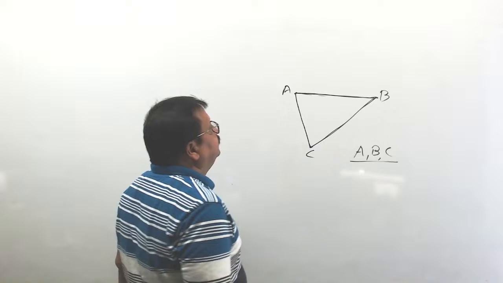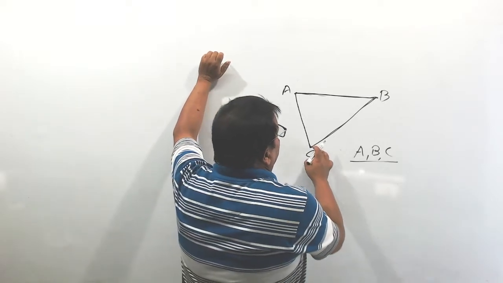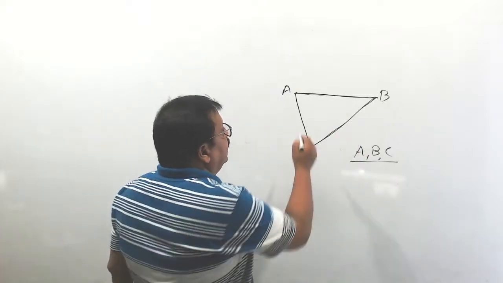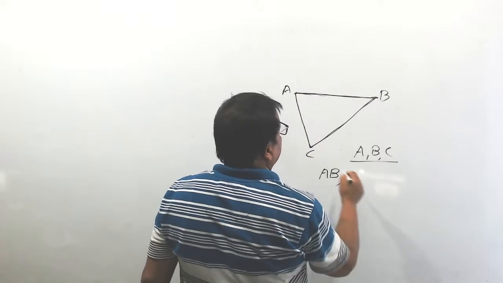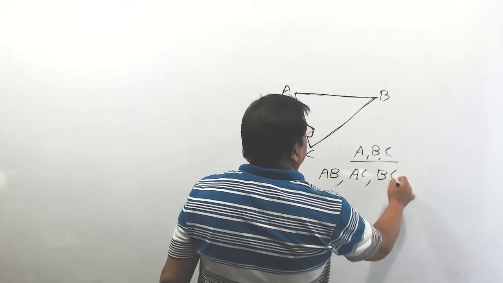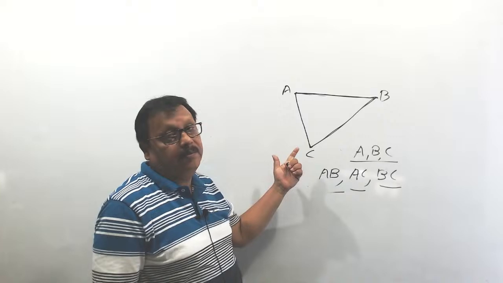Now see, what are the names of the line segments? AB, AC, and BC. These are the names of the three line segments.